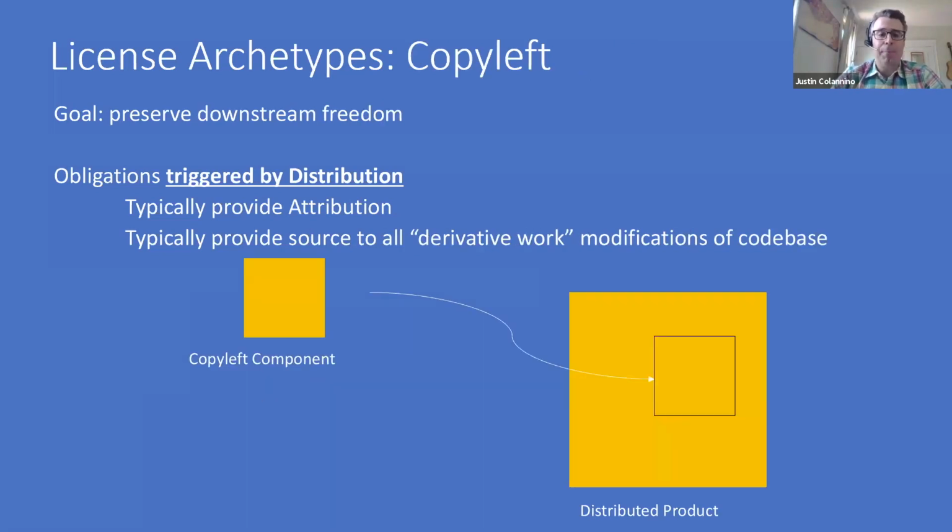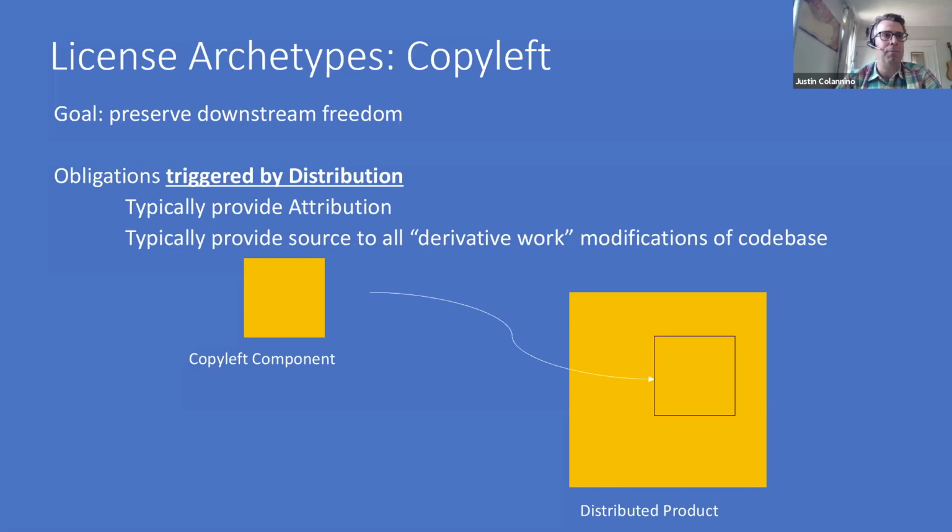Okay, so copyleft, the goal again is to preserve downstream freedom, and it provides source to all derivative works of a code base. What a derivative work is under copyright law for software is unknown. Any lawyer that tells you that they know definitively what a derivative work in software is, in all cases, is lying to you. There's not a lot of good case law about this problem. We can reason about it, but we frankly just don't know.